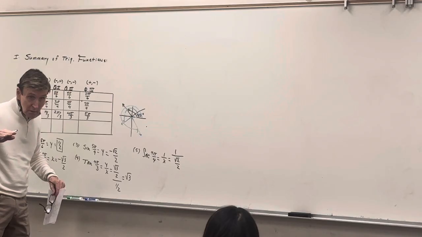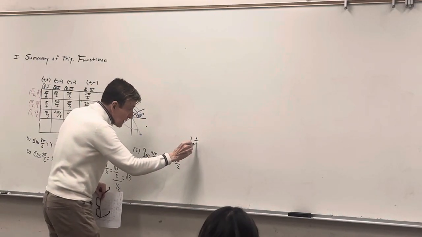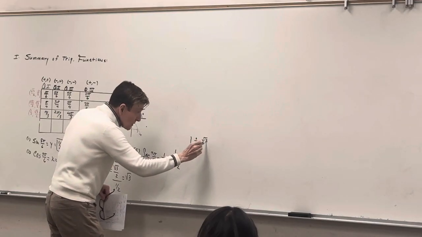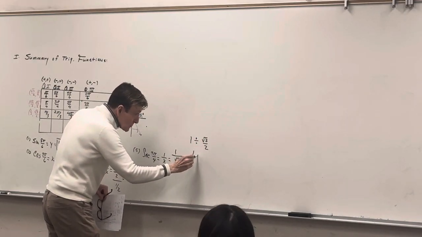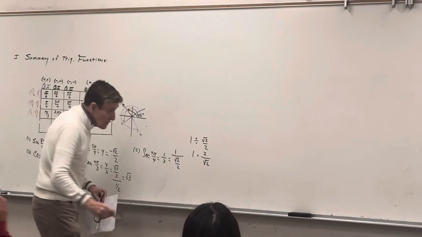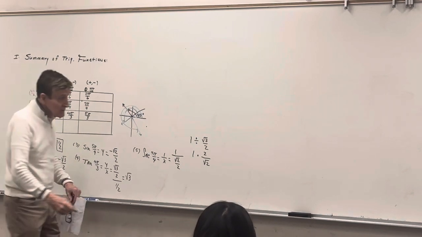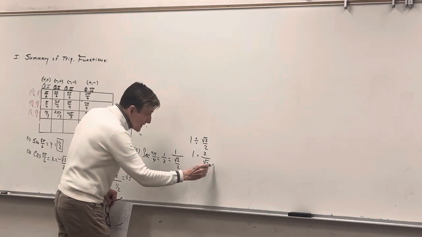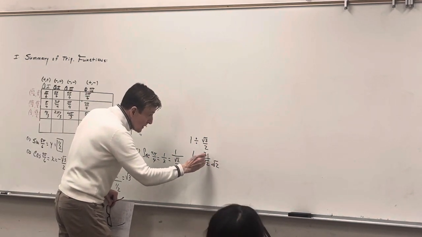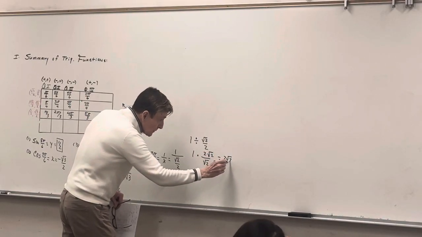Will the 2's cancel? Look at this, got you. One is being divided by radical 2 over 2. That's the same as 1 times, flip this over, the reciprocal. Is that true, guys? And then you know you can't leave that radical 2 there, so you say, Professor, I need to rationalize, I need to multiply this by radical 2. If I do, I'm going to end up with 2 radical 2 in my numerator.